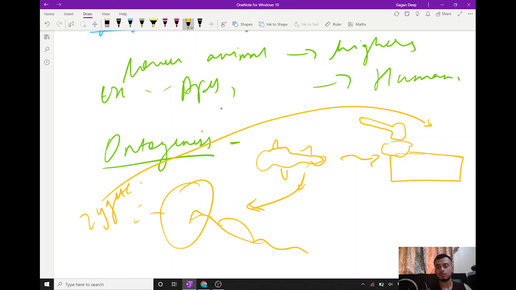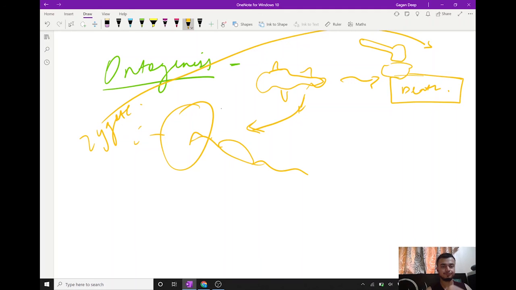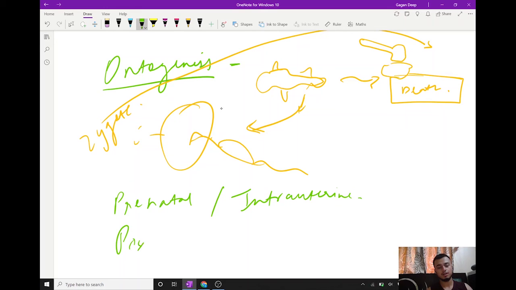Zygote to death is known as ontogenesis. Now it has two phases: the prenatal or intrauterine period, and the postnatal or extrauterine period.